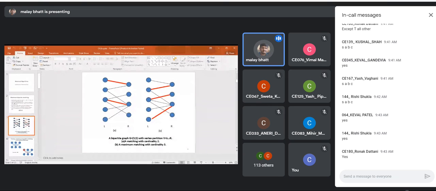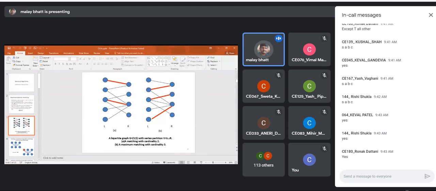Or you can consider a marriage example, where male 1 is ready to marry woman 1. Male 2 is ready to marry woman 1 as well as woman 3 on a matchmaking site. Male 3 is ready to marry woman 2, 3 and 4. So that is the personal choice.